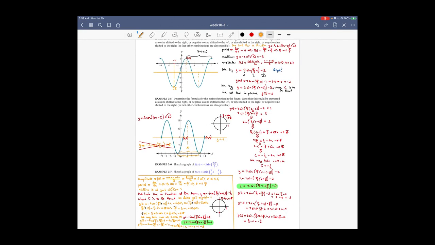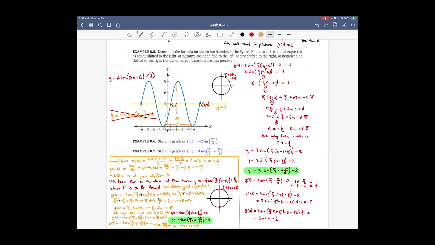So we now can agree that the graph we're looking at is that of the function -4 times cosine of pi over 5 x plus 3 pi over 10, plus 4. The period of this function is 10.